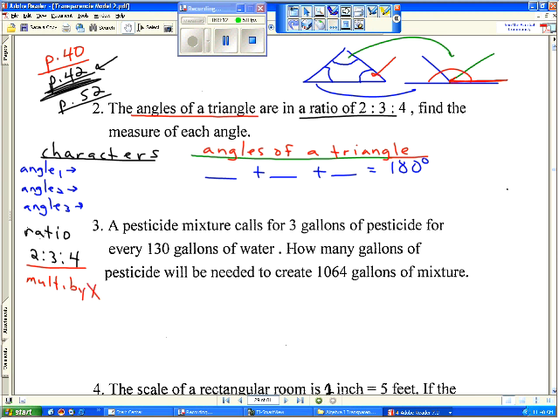Rule 4, page 52. So we're going to have 2 times x, 2x, 3 times x, 3x, 4 times x, 4x. We've only got 1 variable, x, so now we can solve using the order of operations.